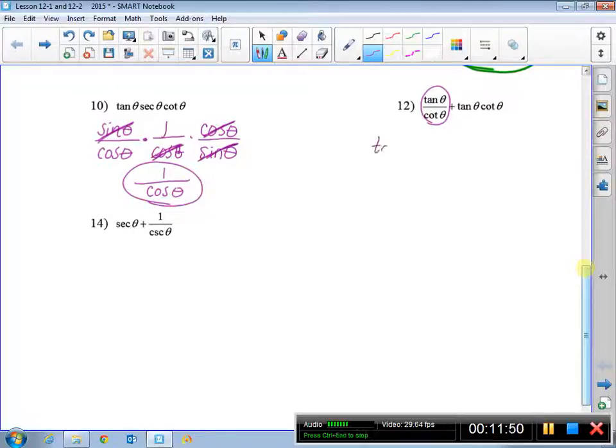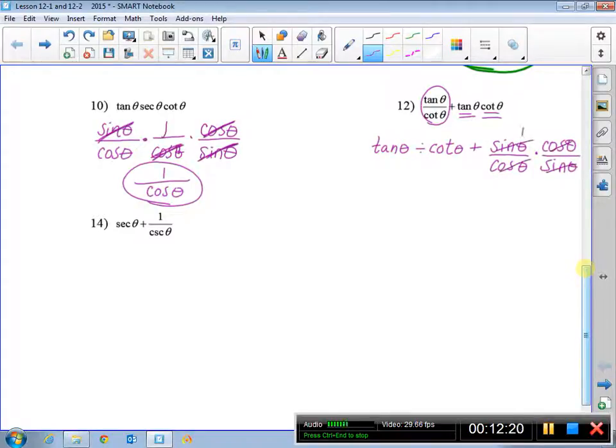Let's first write it this way, that I have tangent divided by cotangent. And here I might start to mess with these. Tangent and cotangent. Well, if you're trained to always use sine and cosine, then we should do that. There's a quicker way, if you want me to show you in class, but let's stick with our sine and cosine.